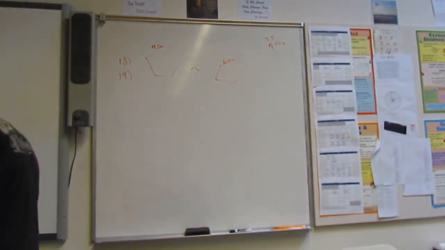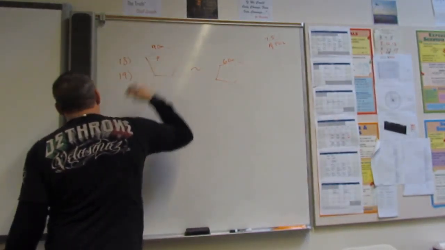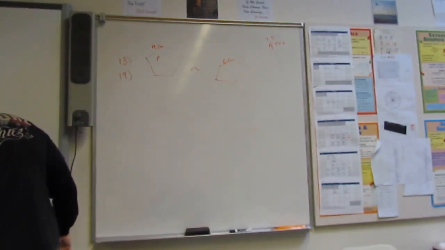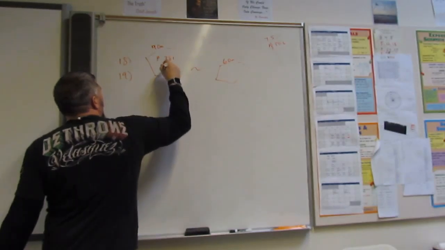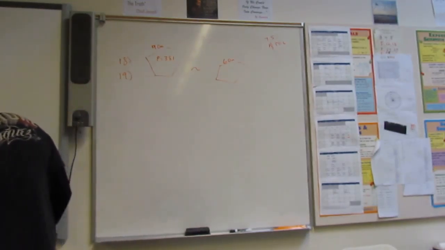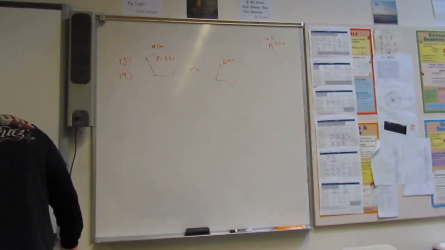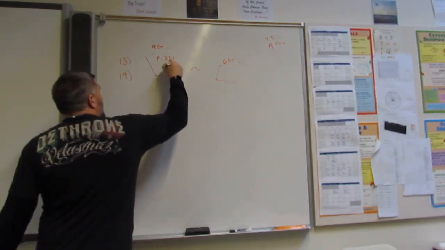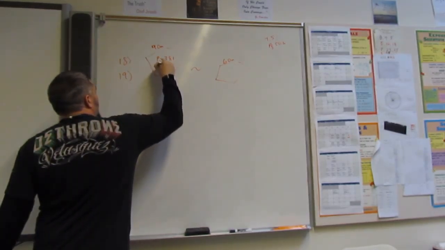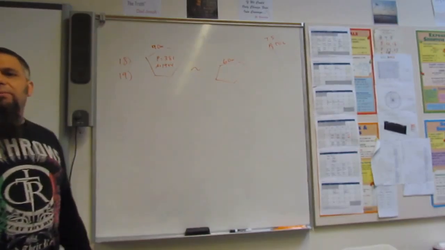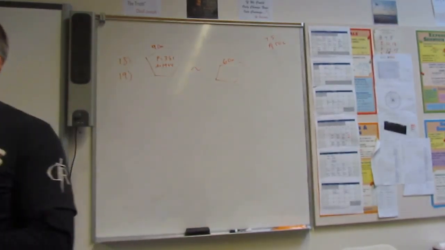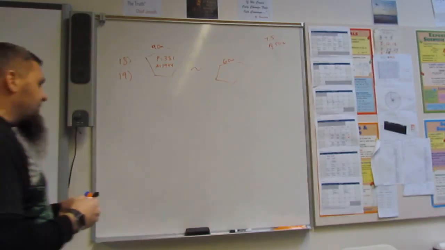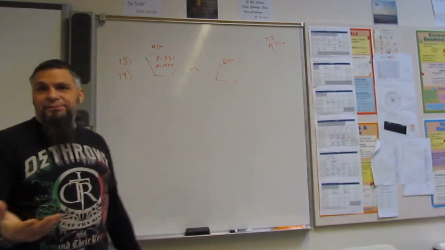And it says that this perimeter is 381. This area is 1944. And when you're doing perimeter, you're just adding up the sides, right? And so since you're just adding up the sides, everything is proportional to each other.